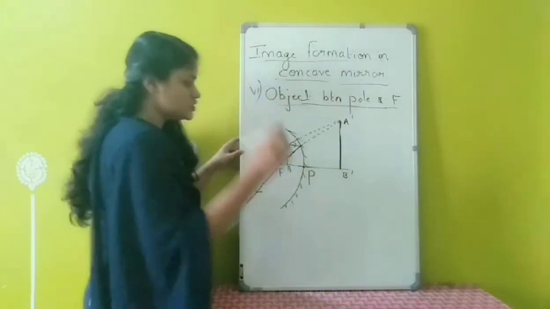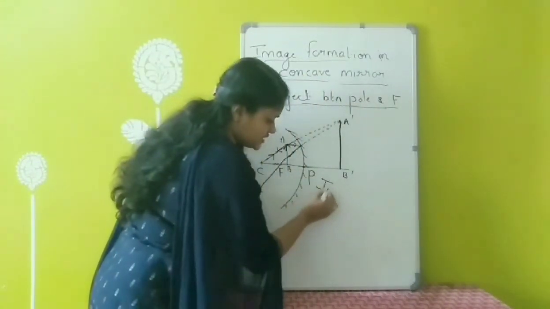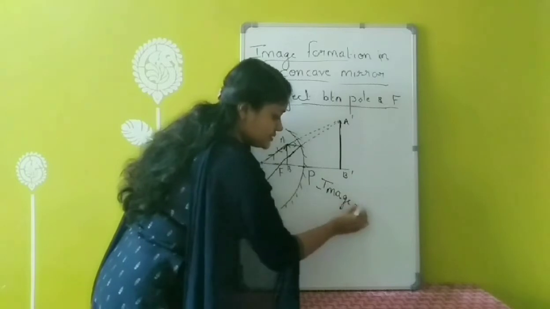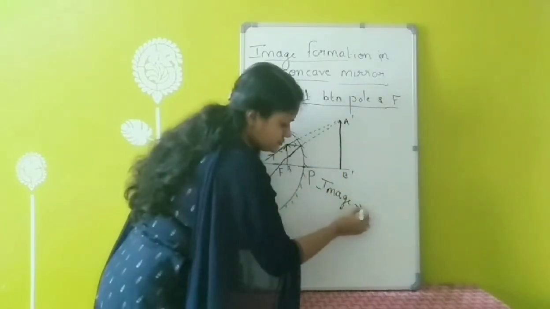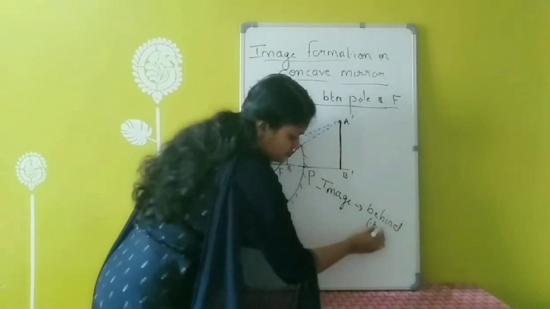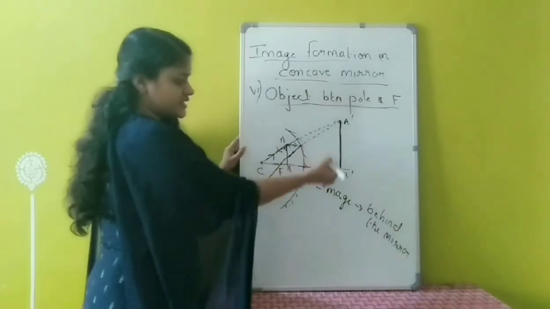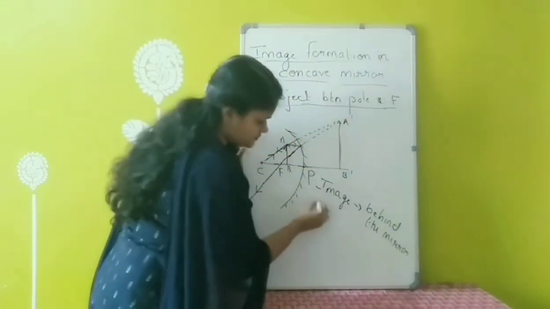So here object is between pole and focus. So where is the image we are getting? Image is behind the mirror. And what about the size of the image? Enlarged.